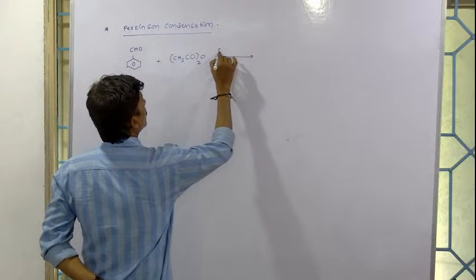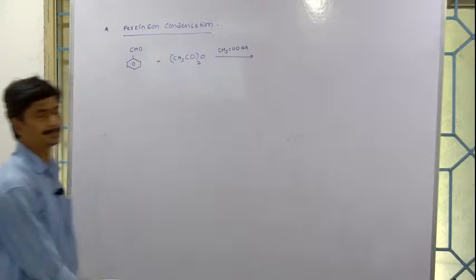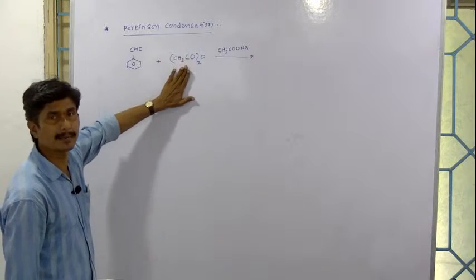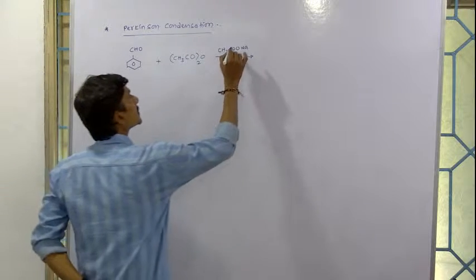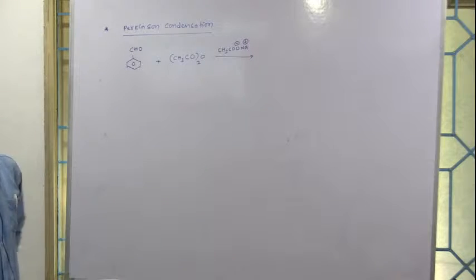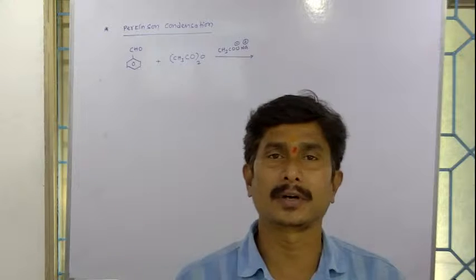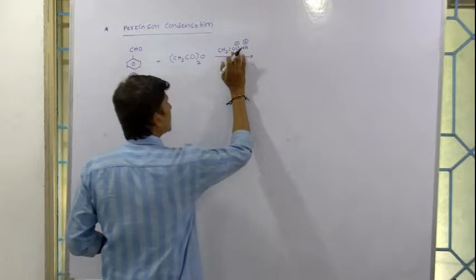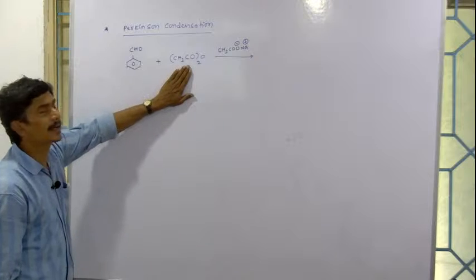That is sodium acetate. Whatever the anhydride we are using, the sodium or potassium salt of the same acid is used, because in this case it acts as a base. In the routine aldol condensation, any aldehyde containing an alpha hydrogen atom is treated with the base. It is also a base, but it is the salt of the acid which is the same as the anhydride.